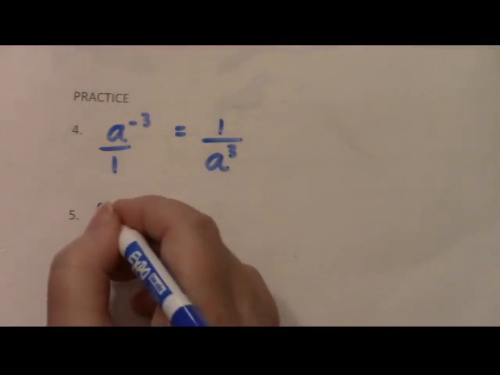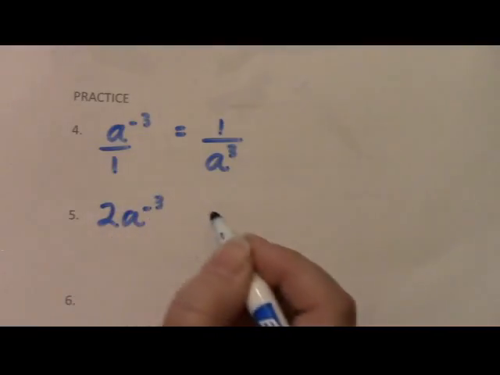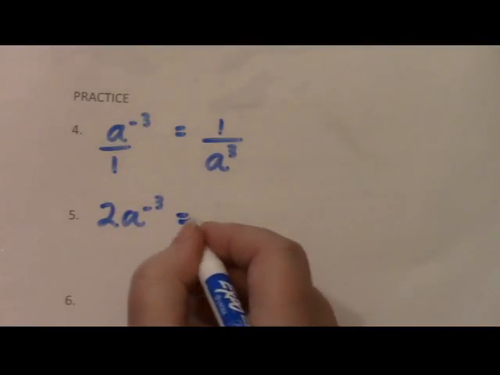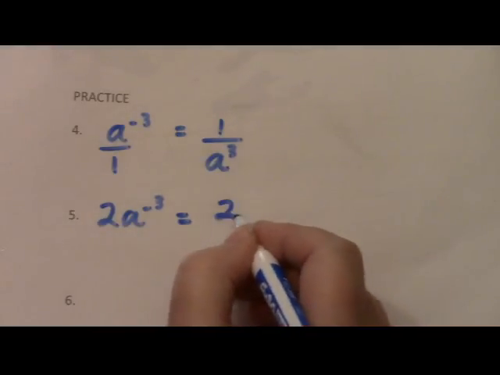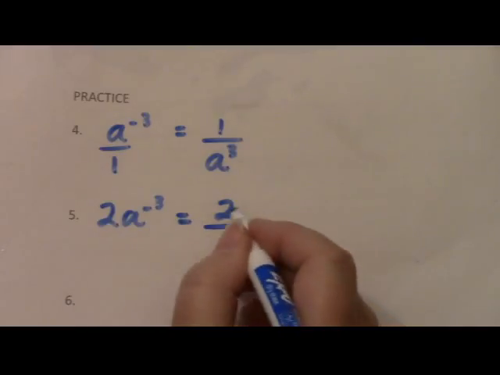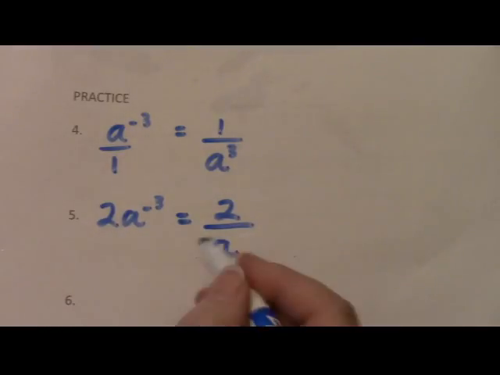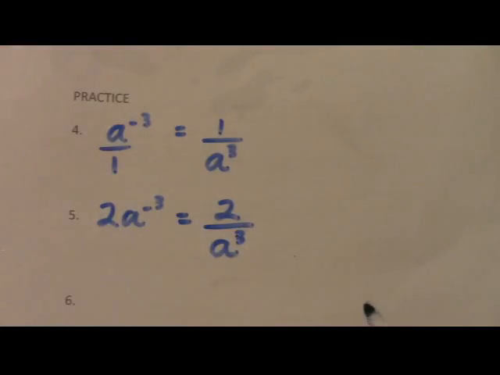What if we had a coefficient in front of that a? If we had 2a to the negative third, the exponent is affecting only the a. So the 2 remains in the numerator, but the a is the one that gets moved to the denominator, and the negative 3 becomes a positive 3.